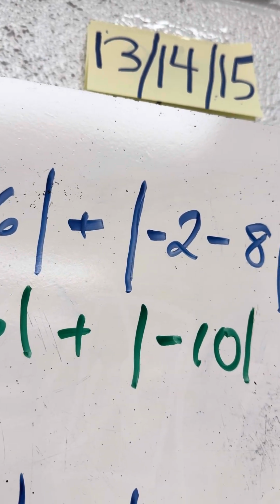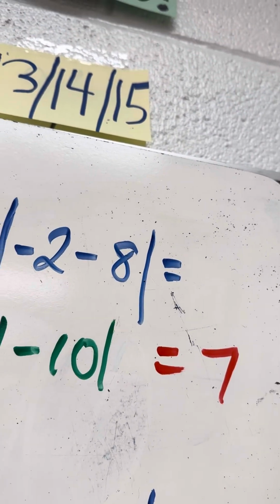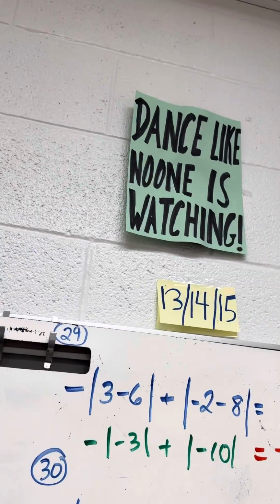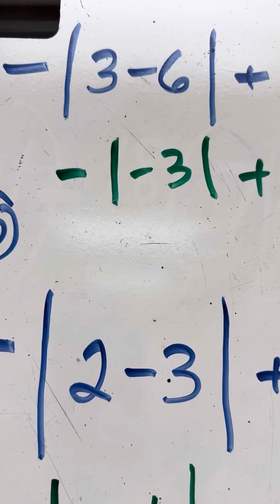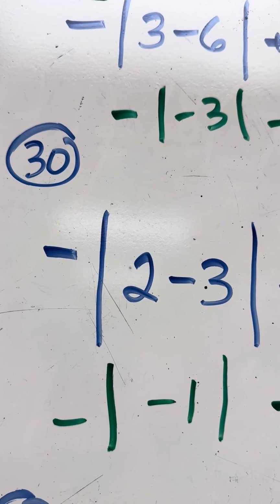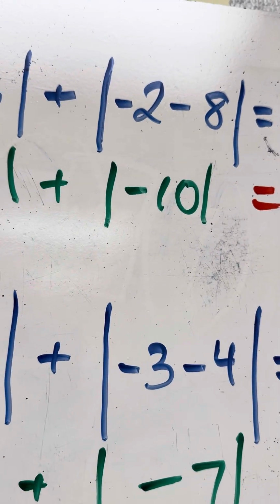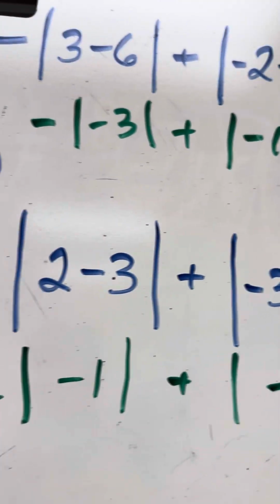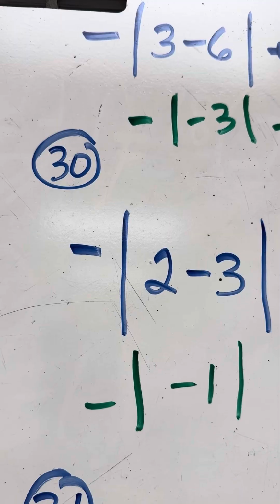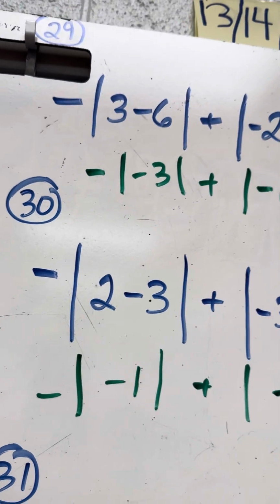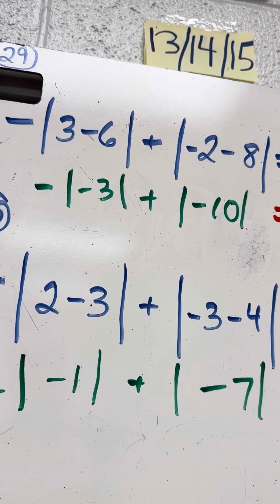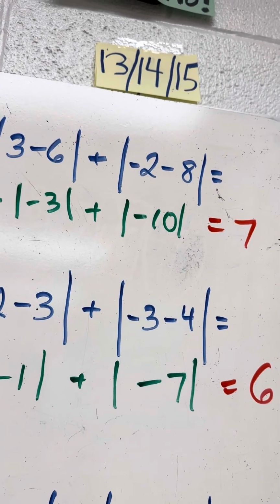Negative 3 plus positive 10 is 7. 2 minus 3 is negative 1. Negative 3 minus 4 is negative 7. The negative of the absolute value of negative 1 is negative 1. Negative 1 plus positive 7 equals 6.